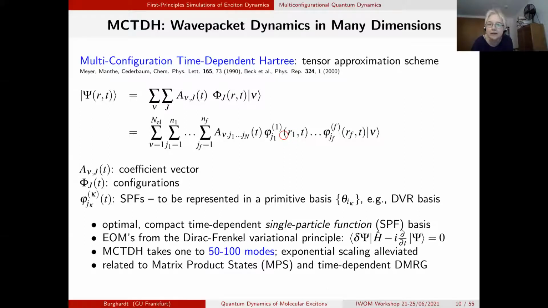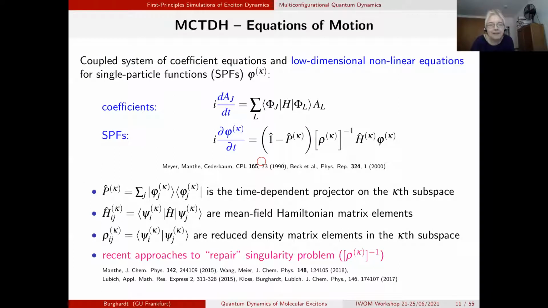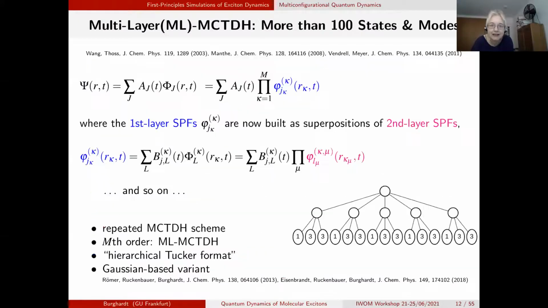This is why the method works for a large number of degrees of freedom, like tens or hundreds, I would say. Now, the equations of motion are non-trivial. We have equations for the coefficients, which are coupled to highly nonlinear equations for the single particle functions. So this is pretty demanding, but still it's very efficient, and we can break the exponential scaling problem of quantum dynamics to some extent.